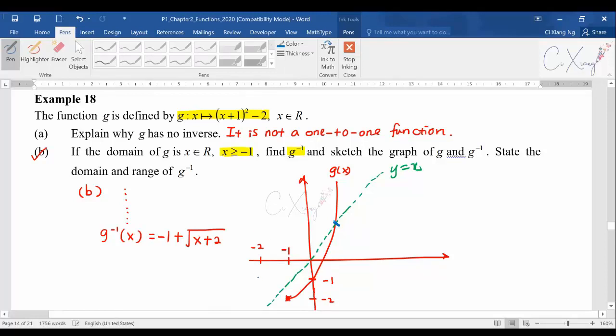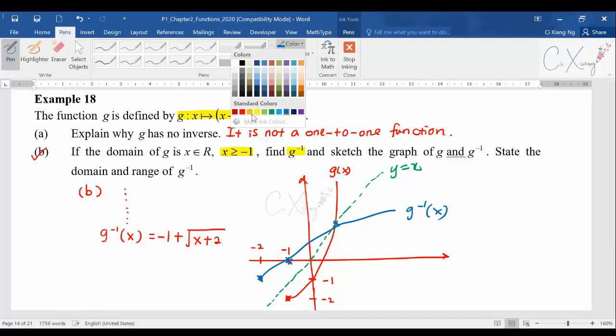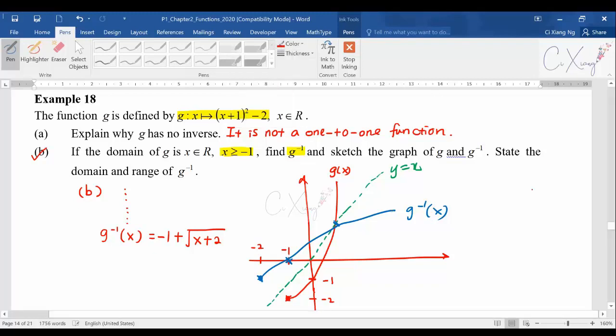So (-2, -1) is here. Then you will pass through (-1, 0), and then through this intersection point. If you imagine your graph, it should look something like this. So this is g inverse x. I hope you have the idea how to get this.